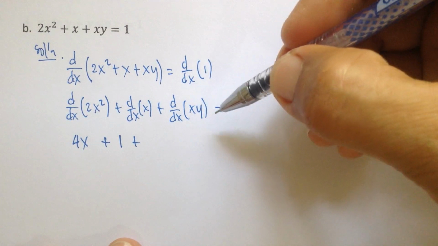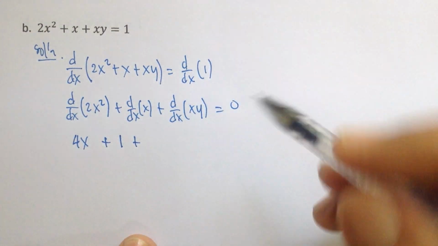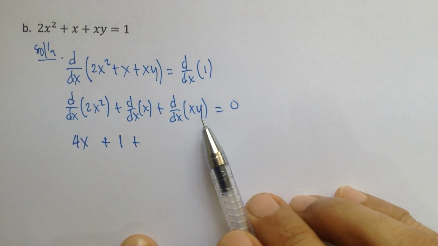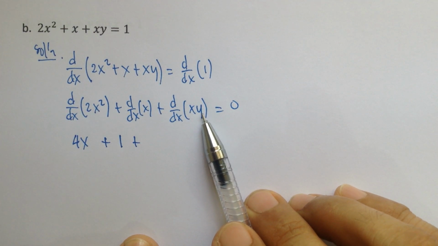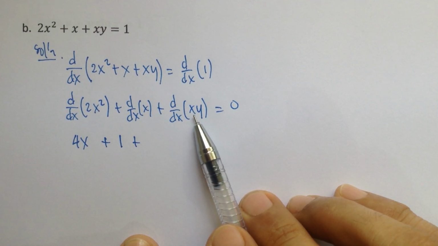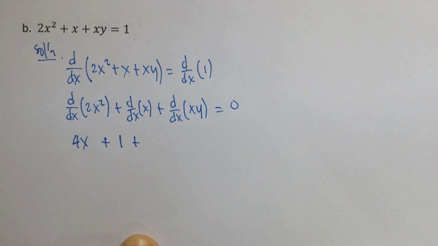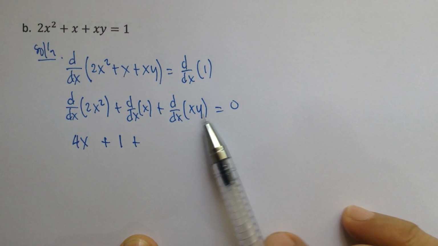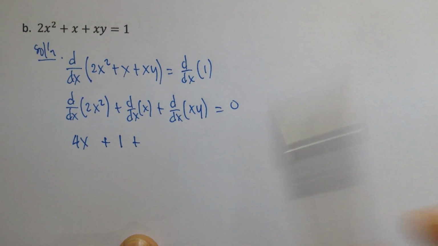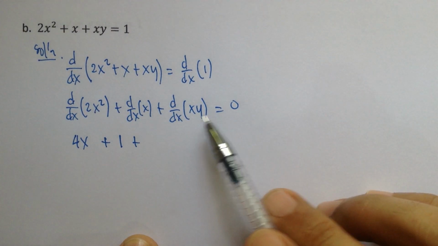What are we going to do here? Take note that y is a function of x. Then you have another function here, no? If you recall, there is a differentiation rule that says the derivative of the product of two functions is equal to the first times the derivative of the second plus the second times the derivative of the first.